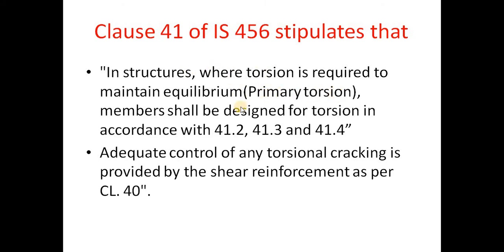Wherever there is a primary torsion in a structure, the member shall be designed for torsion in accordance with 41.2, 41.3 and 41.4. So these are the IS 456 clauses. I am going to discuss these clauses in detail, but I am just briefing it. So with these clauses, we have to design the structure.